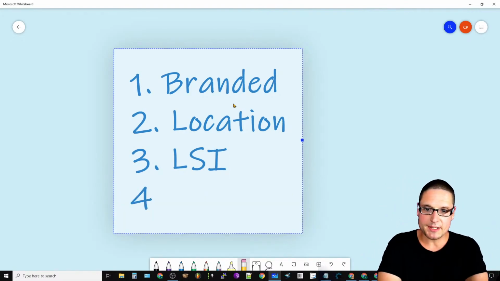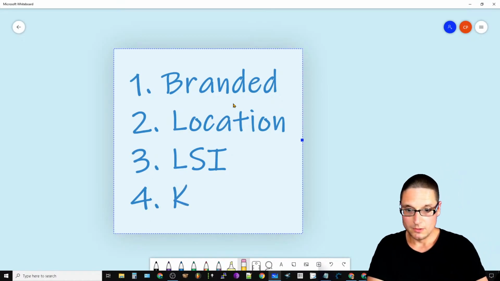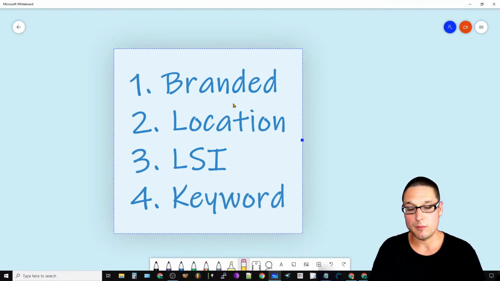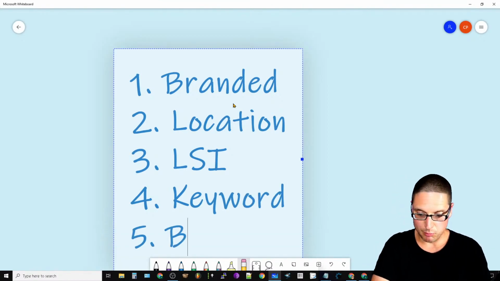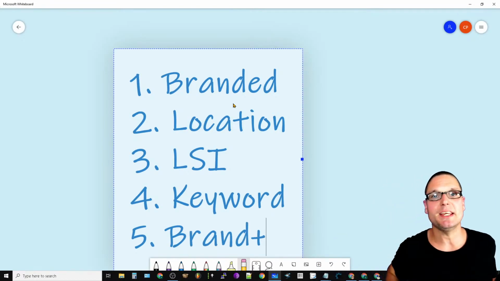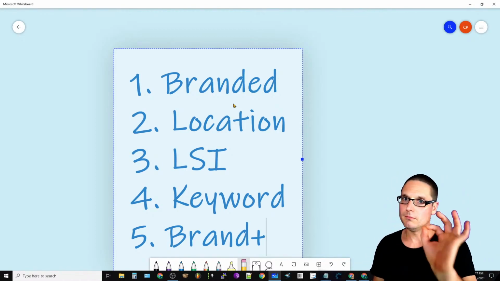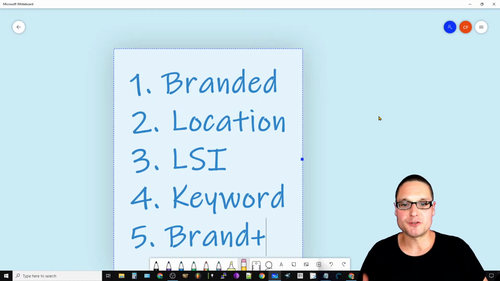So you have branded, location, LSI, and keyword, which would be exact and partial. And number 5 is brand plus. Brand plus could be anything, including your brand. So these are the 5 different types of traffic.